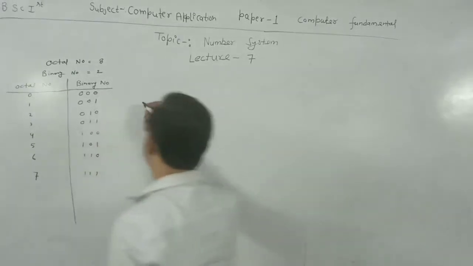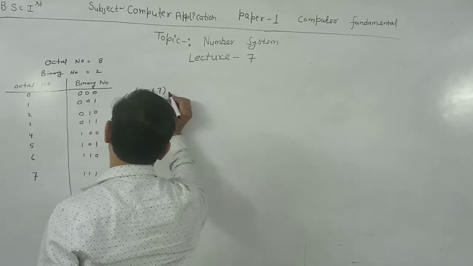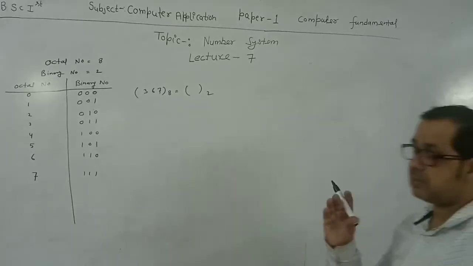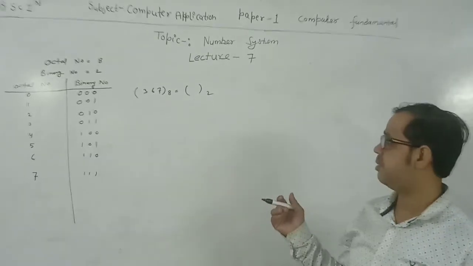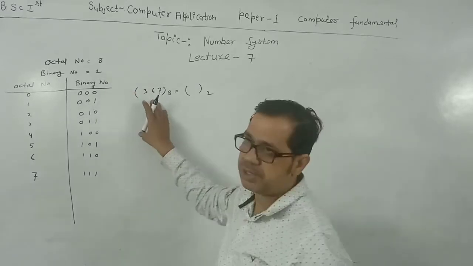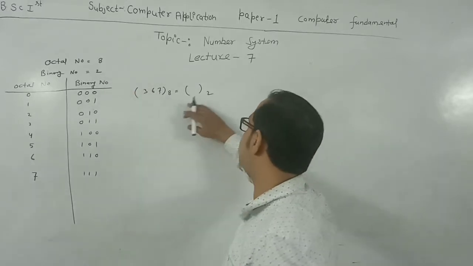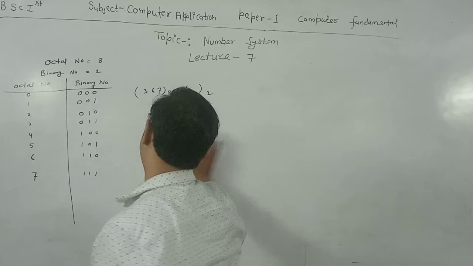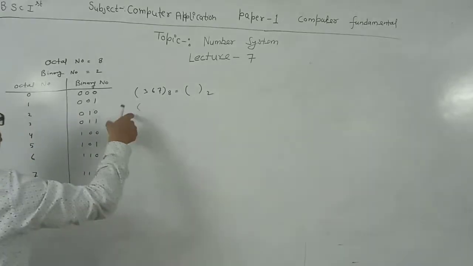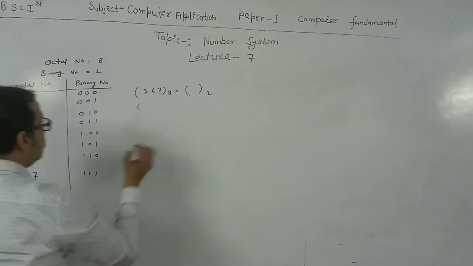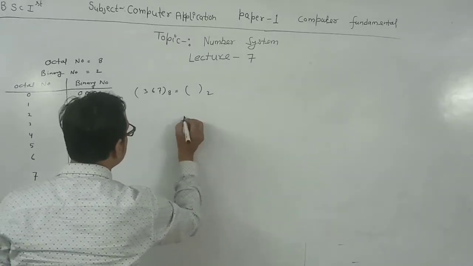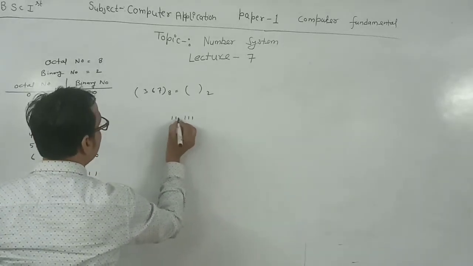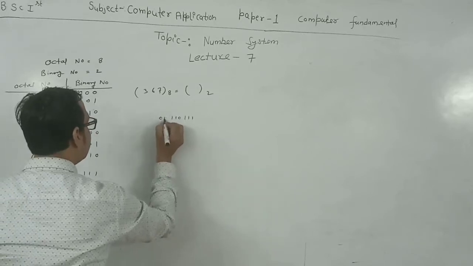We take the number 367 in base 8 and we have to convert it to binary. We have two ways to do it. First, you can convert this octal number into a decimal number and then convert that decimal number into binary. Otherwise, you can write the code directly in place of each octal digit. In place of 7, we write 111. In place of 6, we write 110. In place of 3, we write 011.